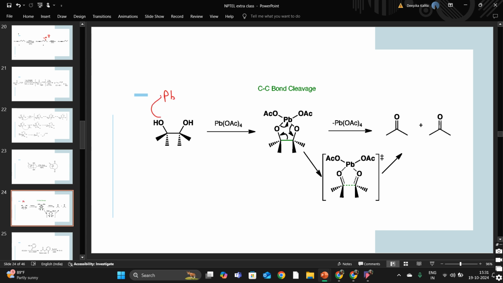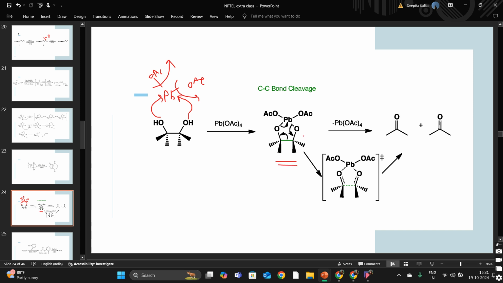One hydroxy will attack at the lead and one OAc will be knocked out. Similarly, again this alcohol can attack at the lead center, and the second OAc can be knocked out. This is how we get the 5-membered intermediate of this type.